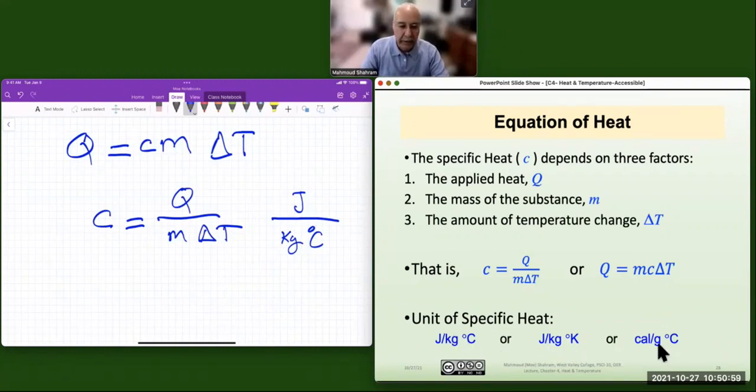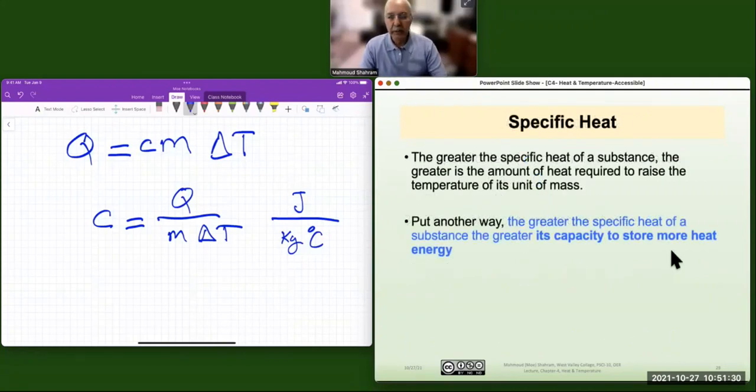You can write it in terms of gram or in kilogram. If you write it in terms of joules, you use kilogram. If you write it in terms of calorie, you use gram.